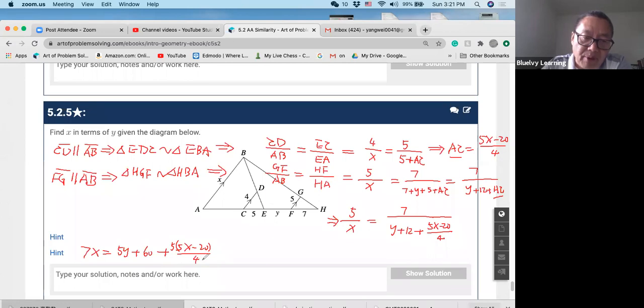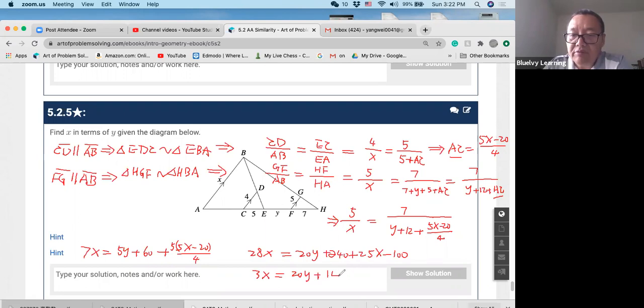Then the best way is both sides times 4 again, then you can get rid of the fractions. So this one will convert to 28x equals 20y, then plus 240, then plus 25x minus 100, right? So now both sides minus 25x, you get 3x equals 20y plus 140.